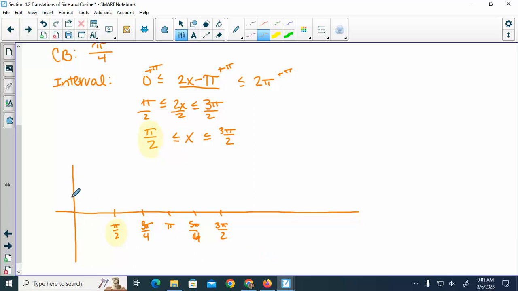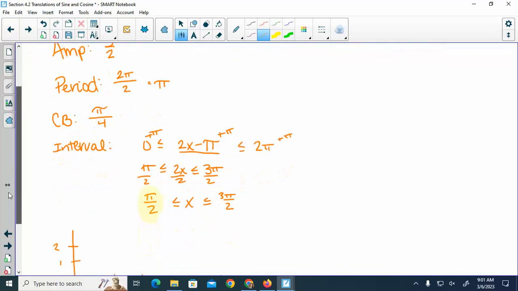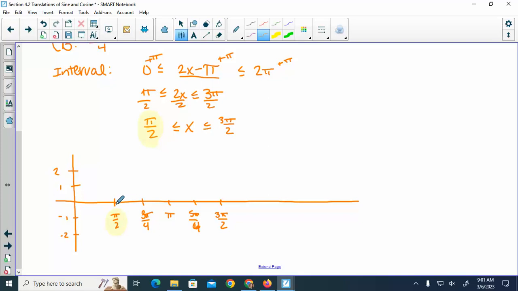Okay, my amplitude was 3/2. That's like a 1.5. We are graphing cosine. Where does cosine start? At 1. But in this case, we would start at our amplitude.